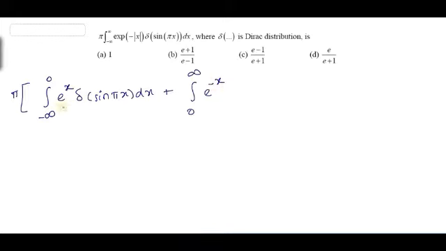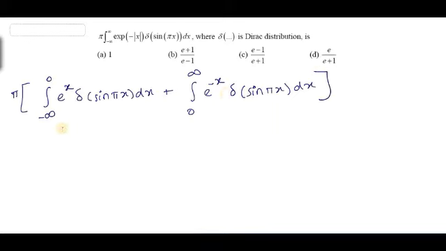I told you how this e power minus mod x splits into two functions. Again, this is equal to del of sine pi x dx. So what you have to do is find this integration value separately and this integration value separately.